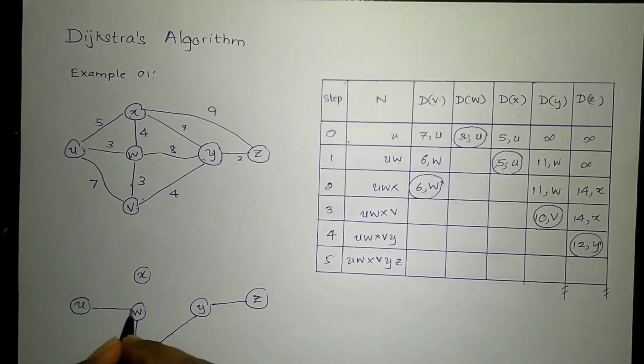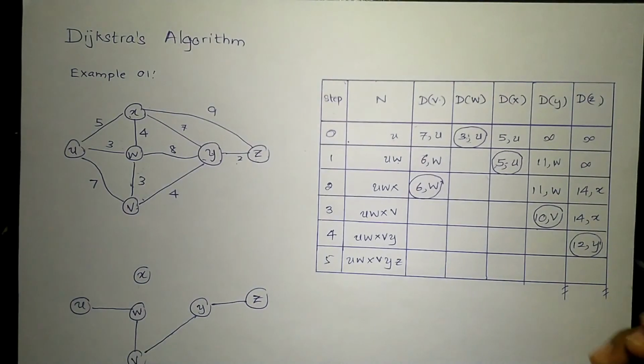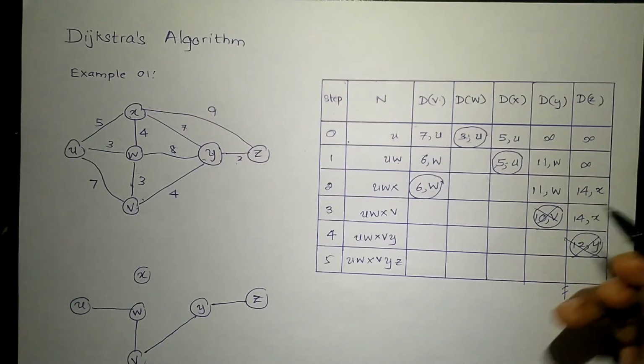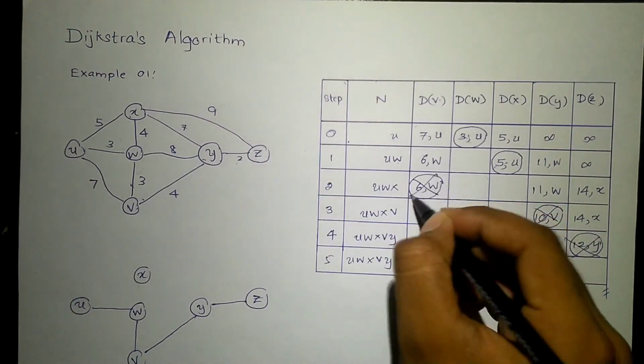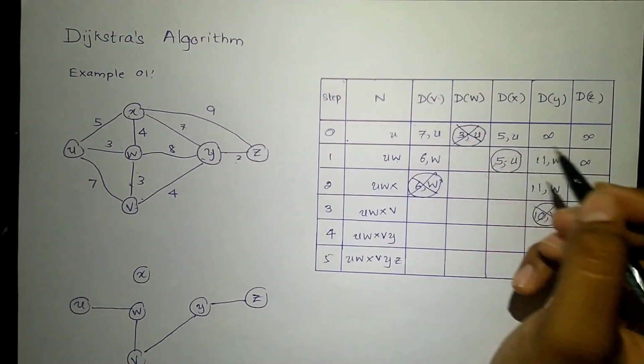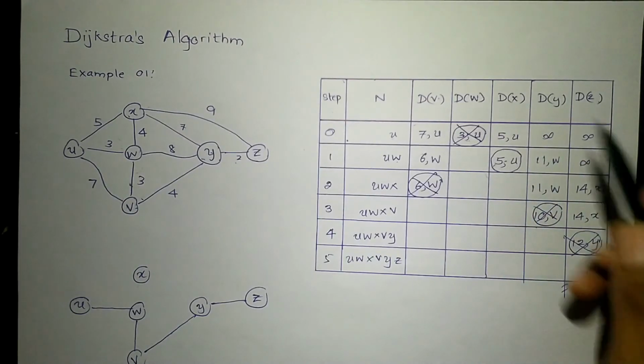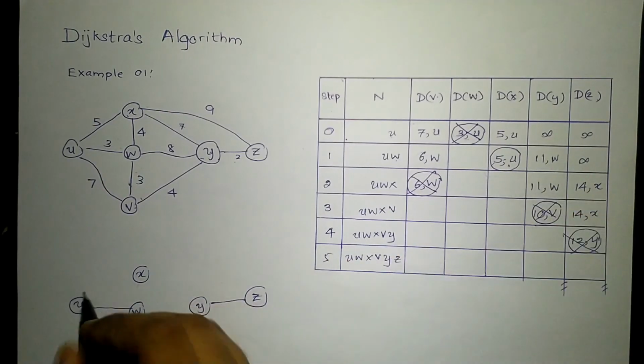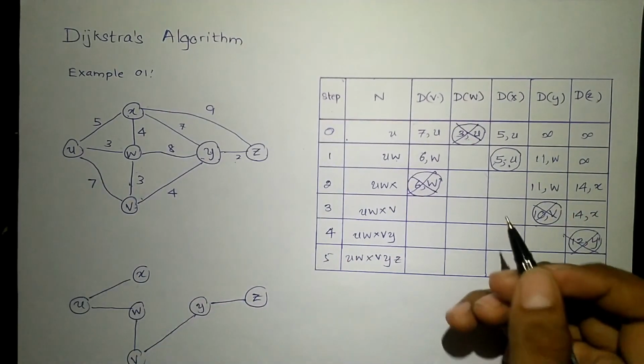So here u. We have gone through this value, this value, this value, this value. Which is remaining? This x. x is coming from u. So we draw it likewise this way.